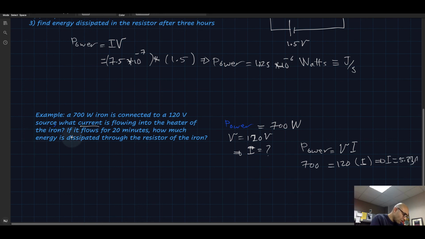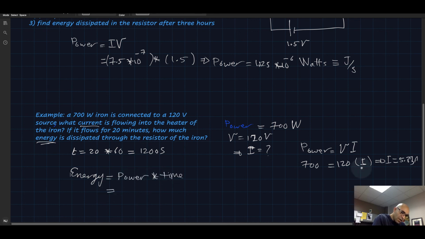The second part of the problem: if it flows for 20 minutes, okay, so time is 20 minutes times 60 to get that in seconds, and that's 1200 seconds. So what are we asking for? How much energy? So energy is equal to the power times time.